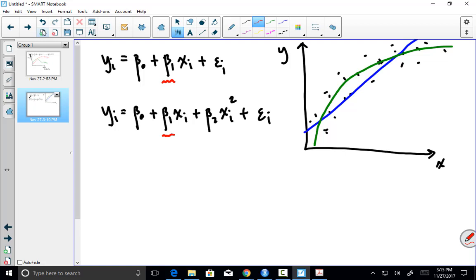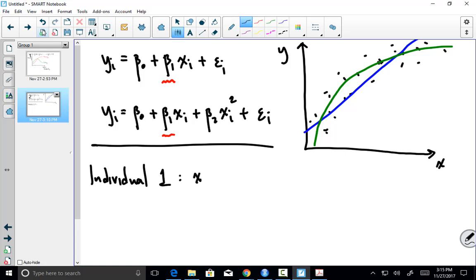The way that we interpret beta 1 in the first model is we consider two individuals. So here's individual 1 with covariate x equal to, let's say, x star plus 1.